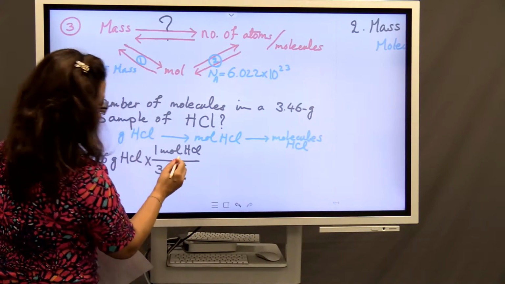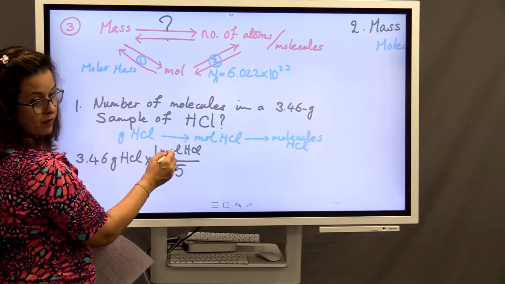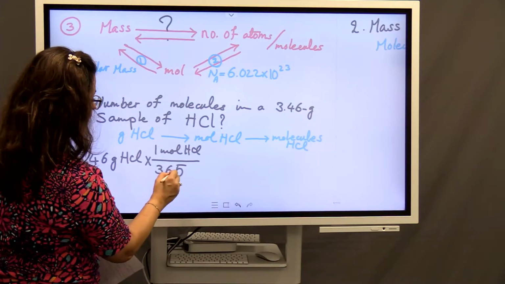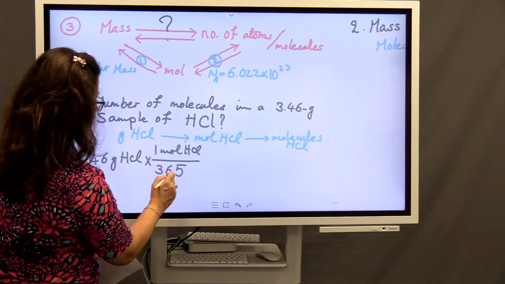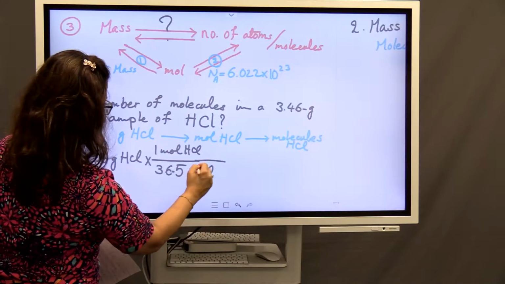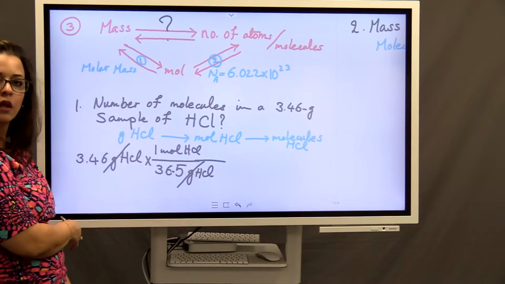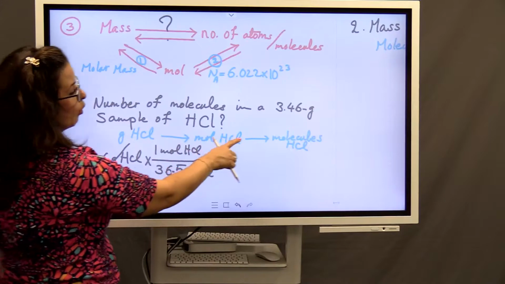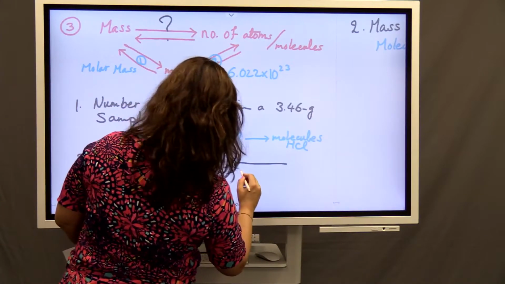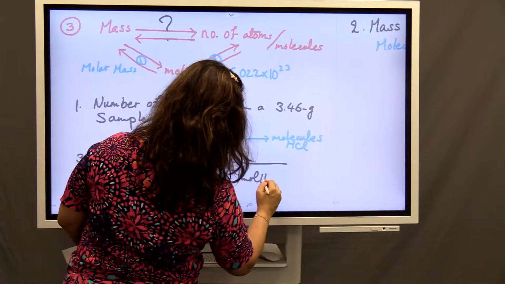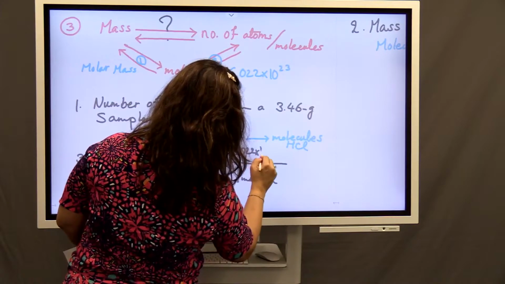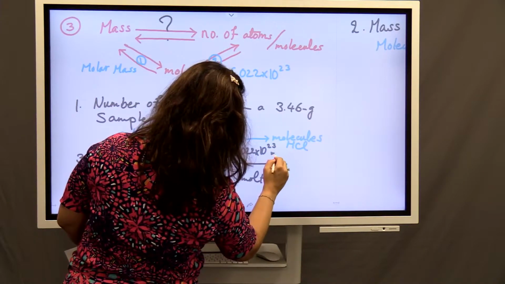You calculated with the mass of 1 atom of hydrogen plus 1 atom of chlorine. 36.5 grams, let's make it nicer, of HCl. So far you can cancel grams and grams. Then you go from mole to number of molecules. How? By using Avogadro's number. So 1 mole of HCl has 6.022 times 10 to 23 molecules.